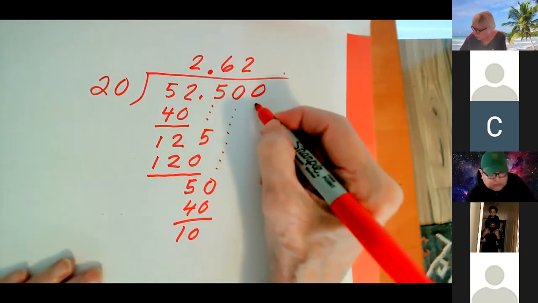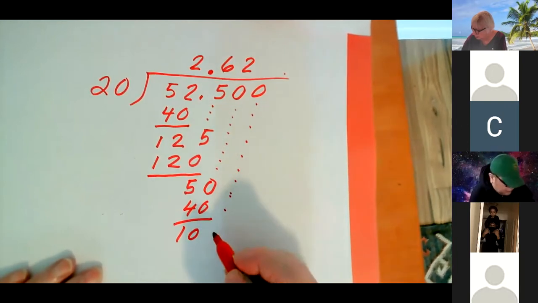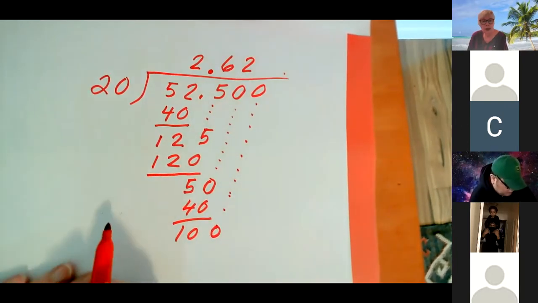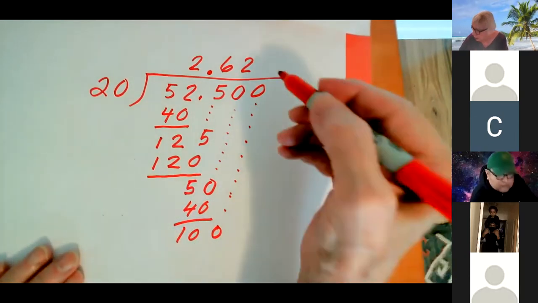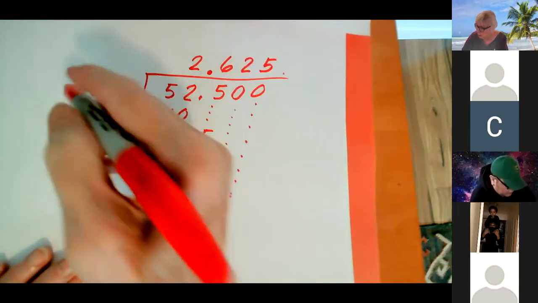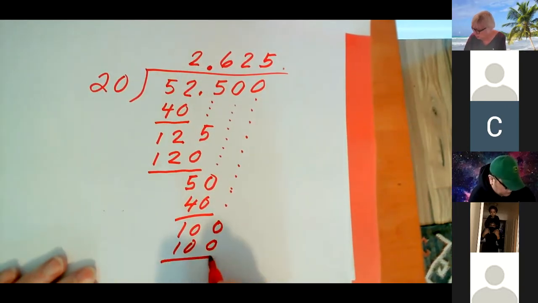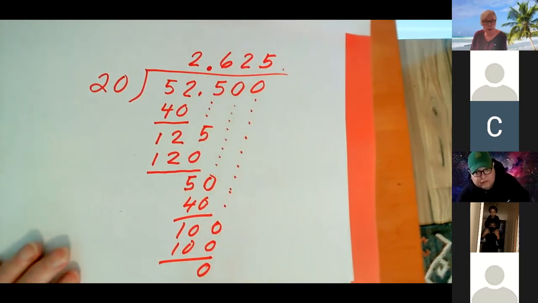Aha, I'm going to add one more 0 and get 100. I could see this coming. 20 divided into 100 goes 5 times. 5 times 20 is 100. Remainder 0.